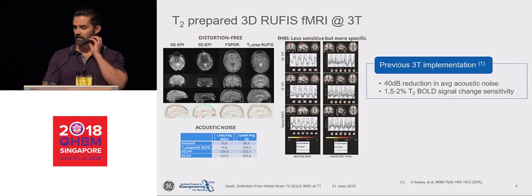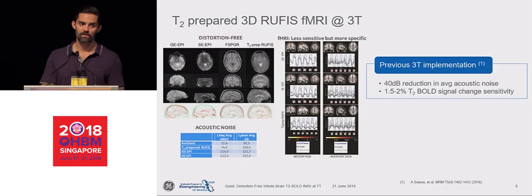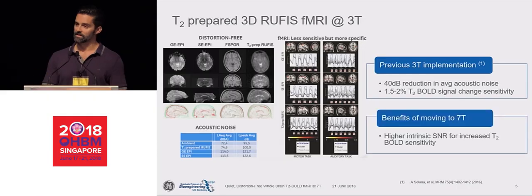Now, if you look at the motor and auditory task results, we can see the sequence is sensitive to T2 BOLD contrast. However, that sensitivity is only about 1.5%, which brings us to why we're going to 7T. Essentially, 7T has a higher intrinsic SNR, which should increase the T2 BOLD sensitivity of the sequence while maintaining its distortion-free nature and low acoustic noise.